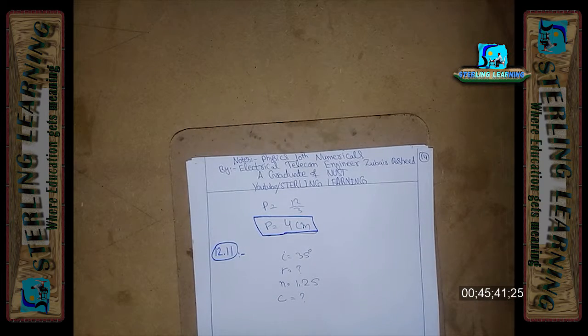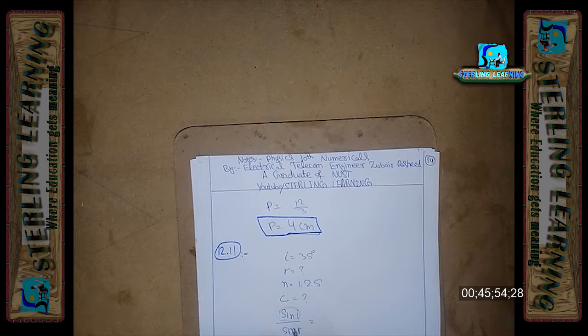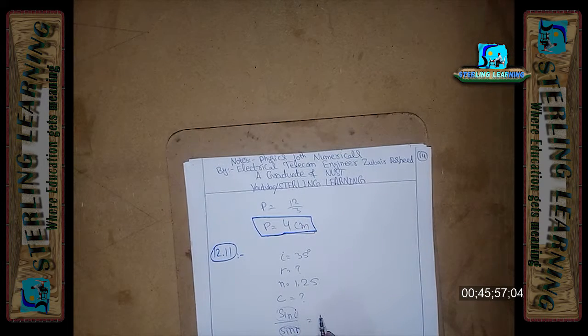Now for this we have the formula: sine I over sine R, the sine of the incident angle over the sine of the refracted angle, is equal to n.